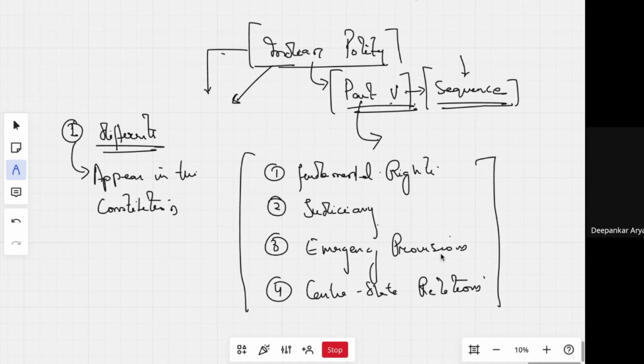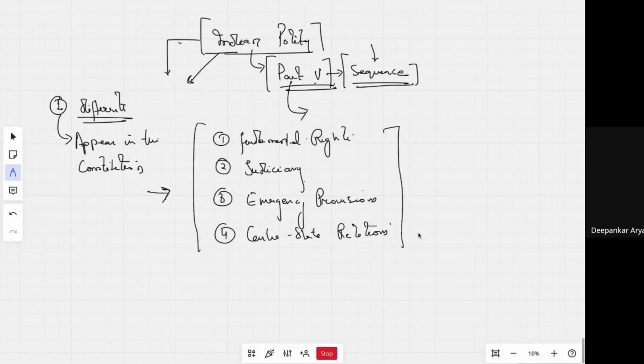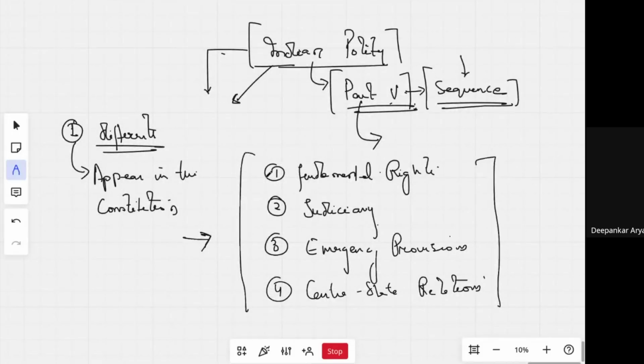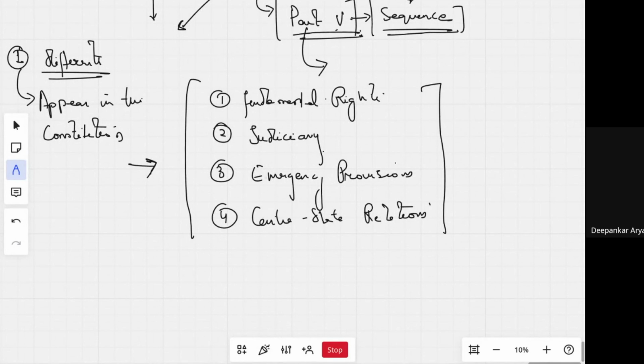They have asked to arrange them in the chronological order in which they appear in the Constitution. So this is one way in which they can ask.